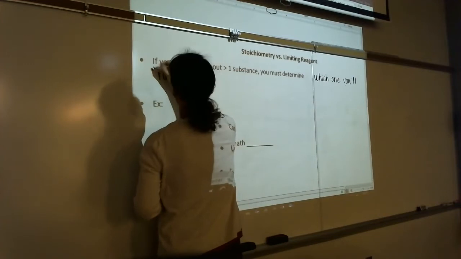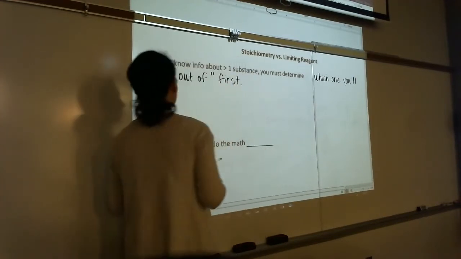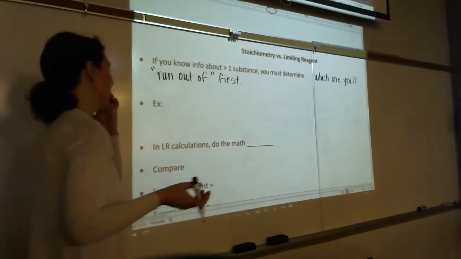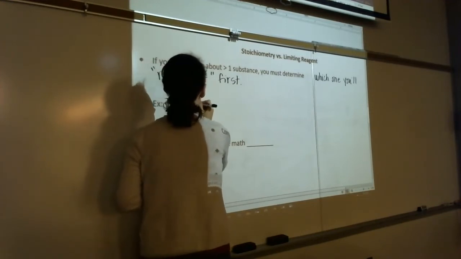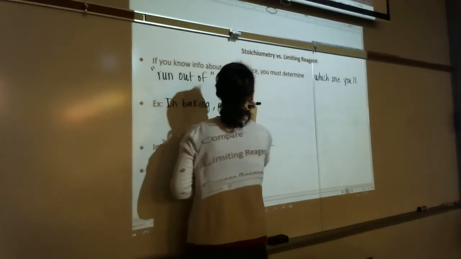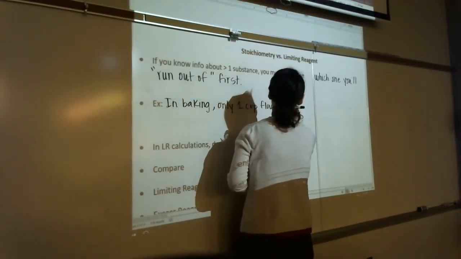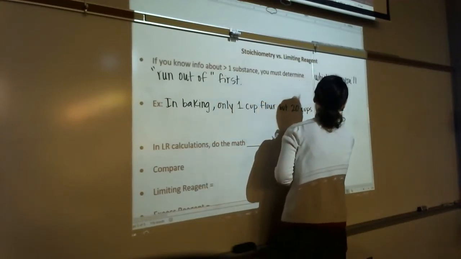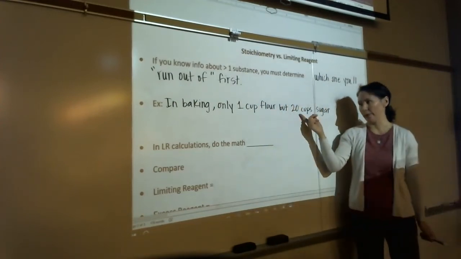I use quote marks, right? It's not very scientific. So for example, you could think about this in terms of baking, right? In baking, if you only have 1 cup flour, but 20 cups of sugar, who cares if I've got 20 cups of sugar?